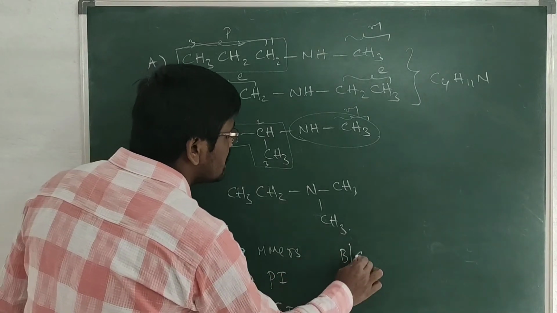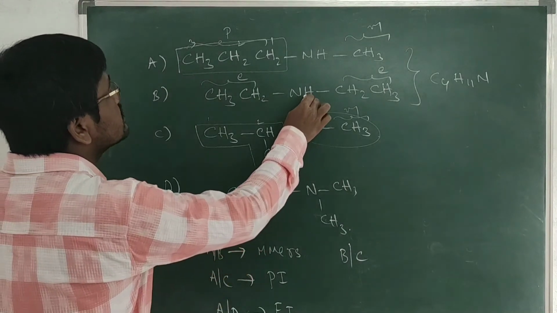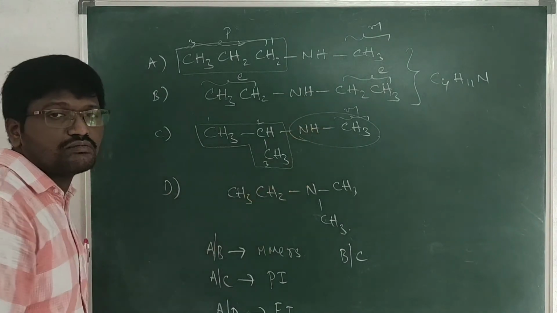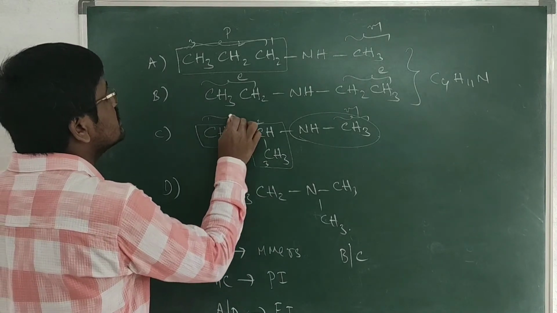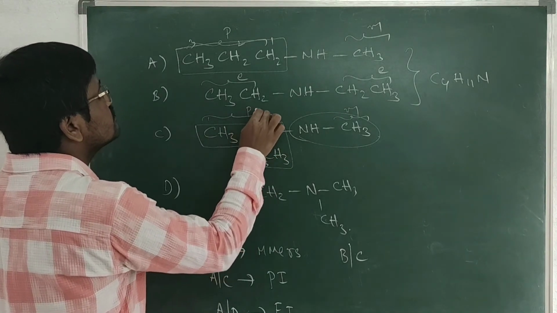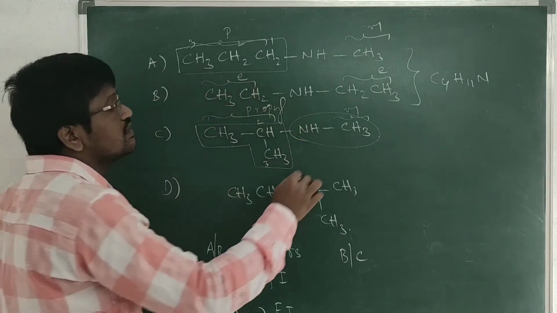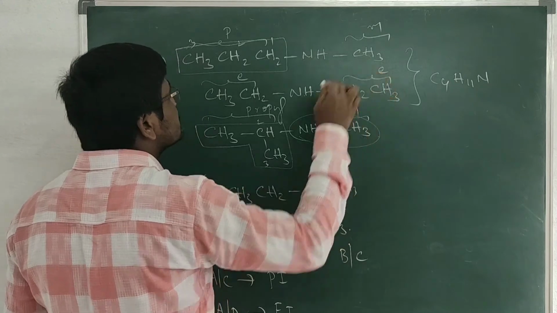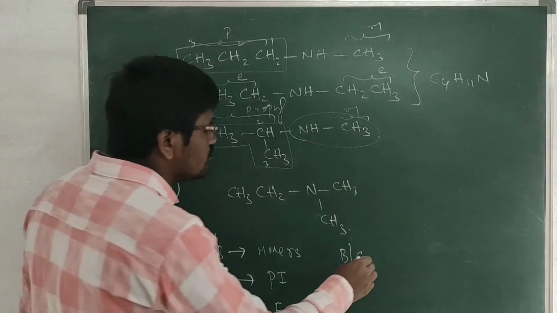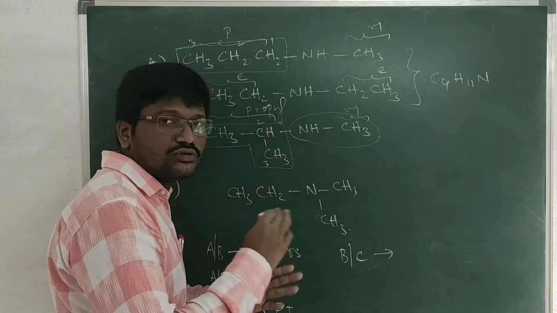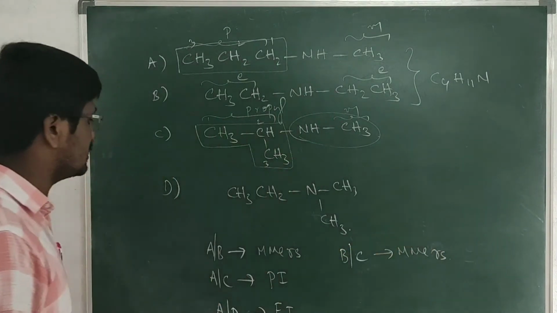And B and C: this is a secondary amine, and this is also a secondary amine. On the left side is propyl, isopropyl. Here on the left side ethyl, on the right side methyl, and here on the right side ethyl. So these are considered metamers, because on both sides the alkyl groups are different.